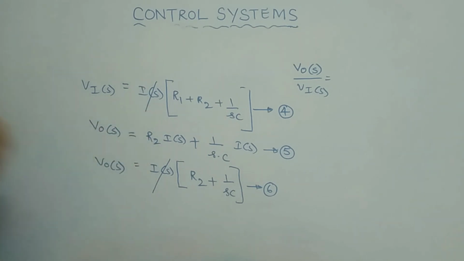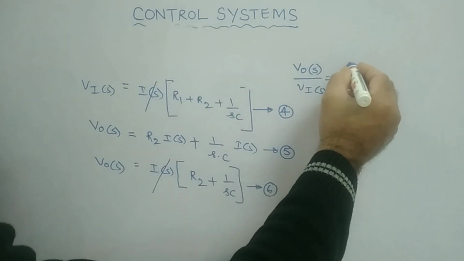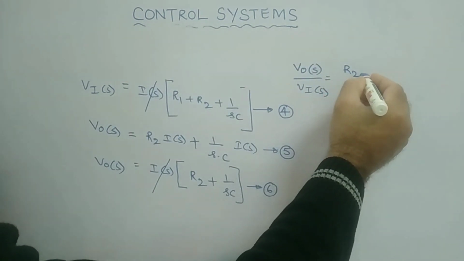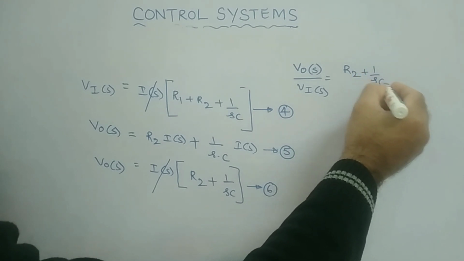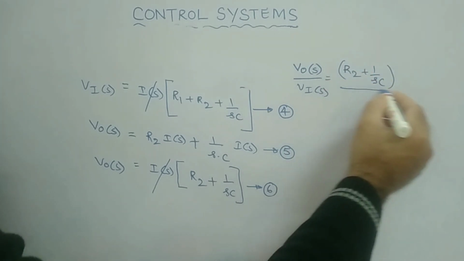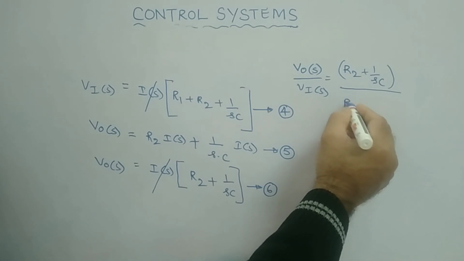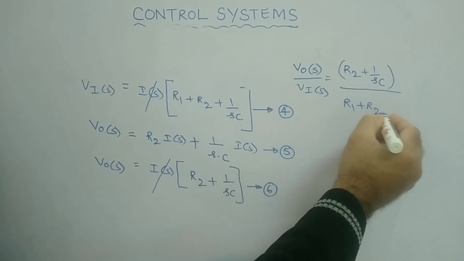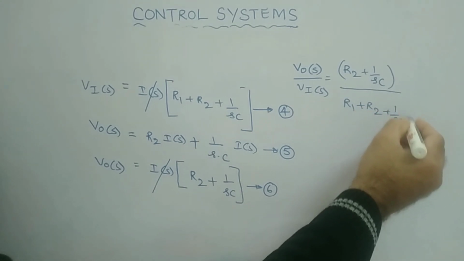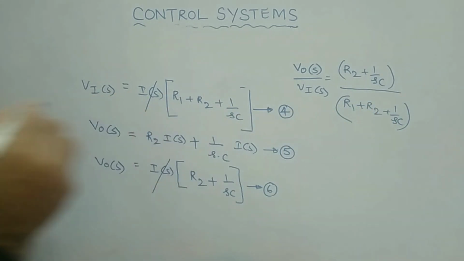I of s is there in both expressions, therefore it will be cancelled out. Then the numerator will be R2 plus 1 by s into c, whereas the denominator will have R1 plus R2 plus 1 by SC. This is what you will get.